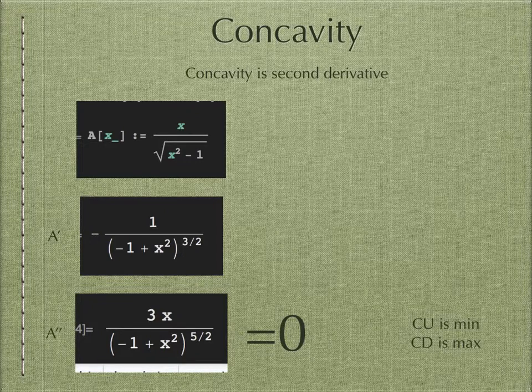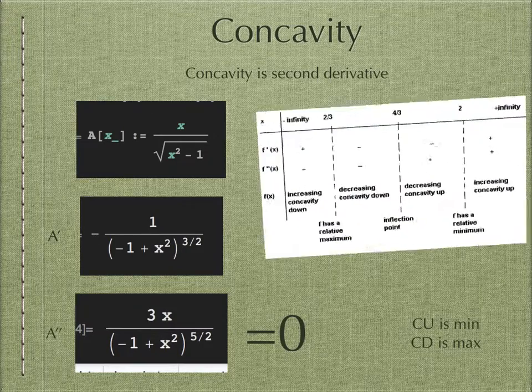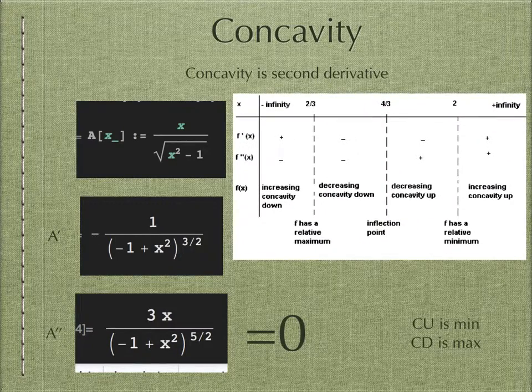Whenever we have concave up, which goes from decreasing to increasing, we have something like a U that can hold water, and that's a minimum of our graph, and concave down is a maximum as well. Here's a summary graph of how f prime affects our f graph and how f double prime affects our graph.